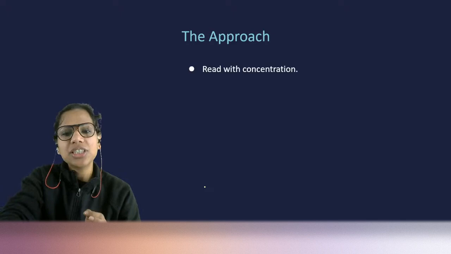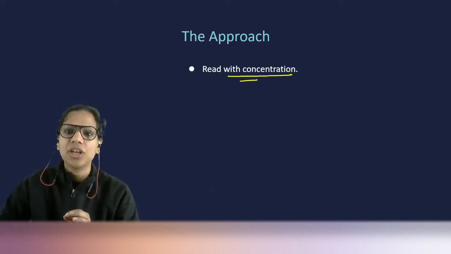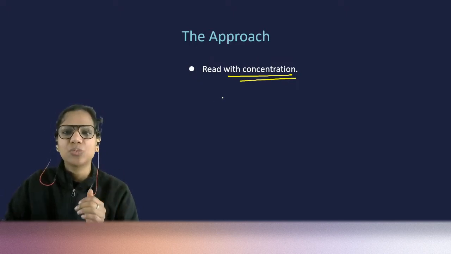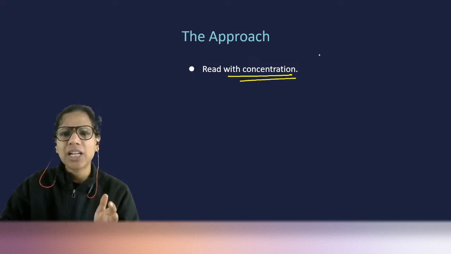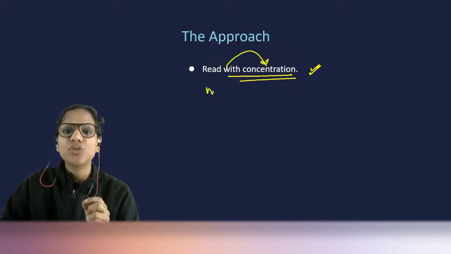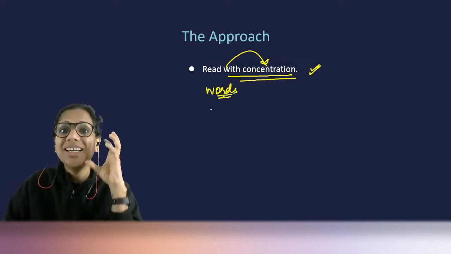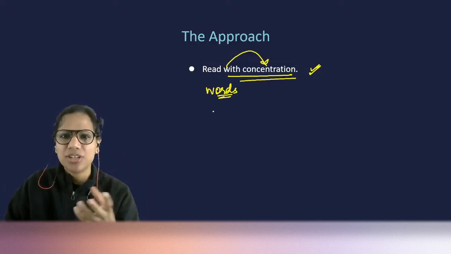So the first thing I would always suggest is: read with concentration. Don't think you'll be able to get away with a CAT-level Para Jumble question without reading the sentences at all. It does not work that way. And not just read with concentration, notice the kinds of words that have been used. Notice any particular connectors, like but, however, as a result.